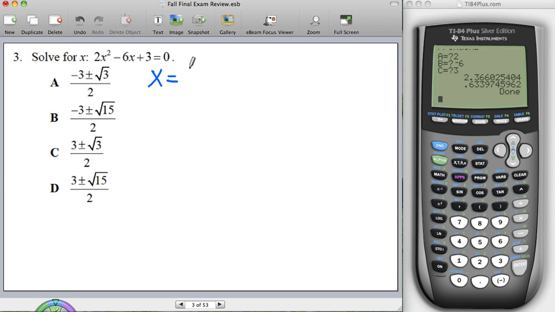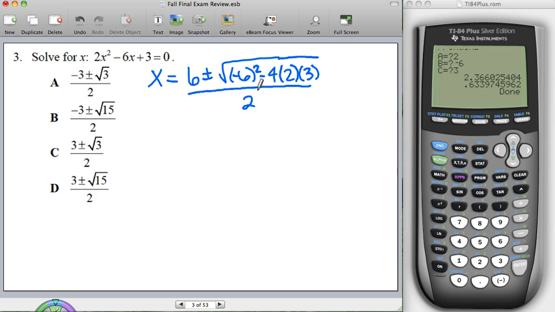So I have x equals negative b plus or minus the square root of b squared minus 4 times a times c all over 2a. So yeah, that gives me 6 plus or minus the square root of 36 minus 24 is 12 over 4.